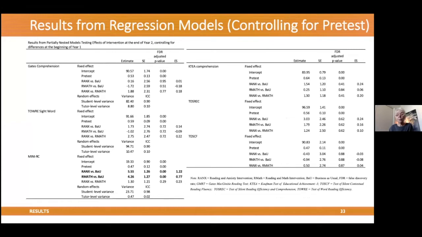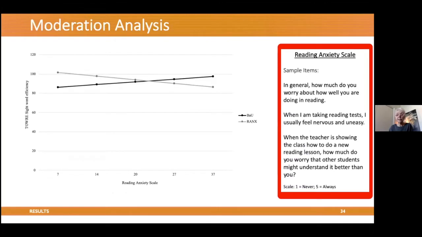Again, I think you probably can just look for right now at the effect sizes. And what you can see is that while the effect sizes typically favor, for the most part, the reading and anxiety group, the favoring is very small and statistically significant in only a few cases, which I will highlight in the next couple of slides.